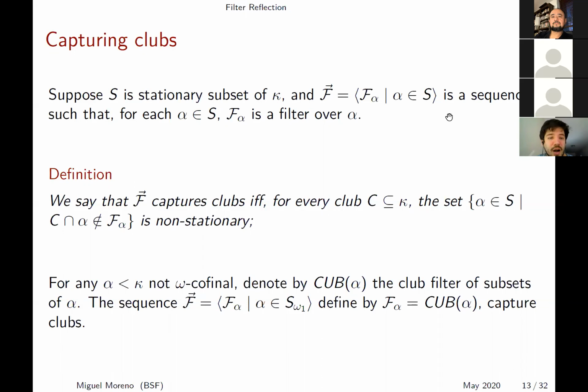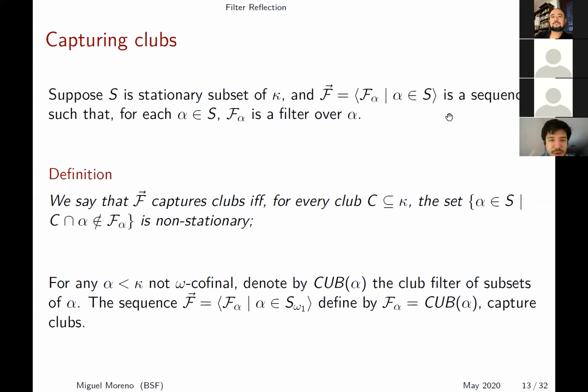If you take a club and restrict it to some alpha that is not omega cofinal, then if alpha is a limit point of C, C intersected alpha will be in the club filter. So we are just trying to make the notion of the club filter more general with these capturing clubs. Basically the elements of F alpha are what we will understand as clubs.